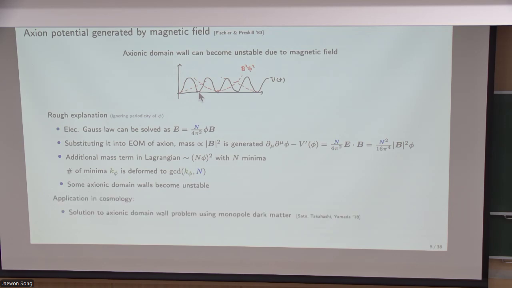This mechanism has been applied to cosmology. In cosmology, the presence of the axionic domain wall is a problem, but we can solve the axionic domain wall problem by using this mechanism. So they applied this mechanism to the axionic domain wall problem with monopole dark matter.